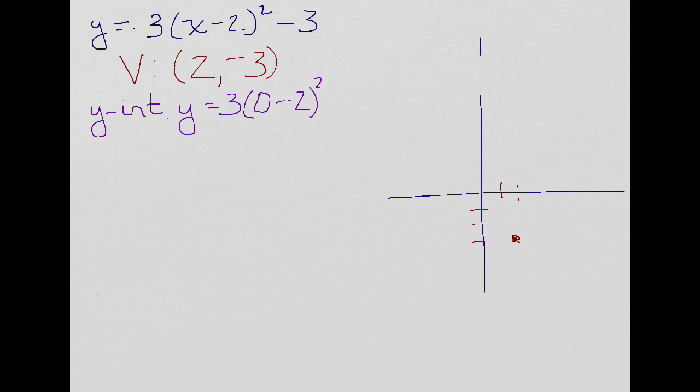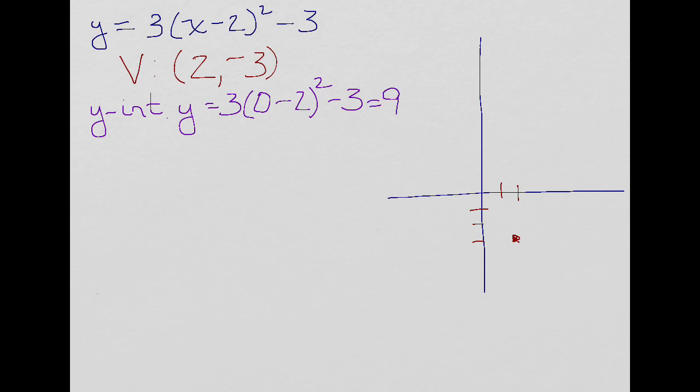Then we let the order of operations take over. 0 minus 2 is negative 2. Negative 2 squared is positive 4. Multiplication is next. 3 times 4 is 12. 12 minus 3 is 9.